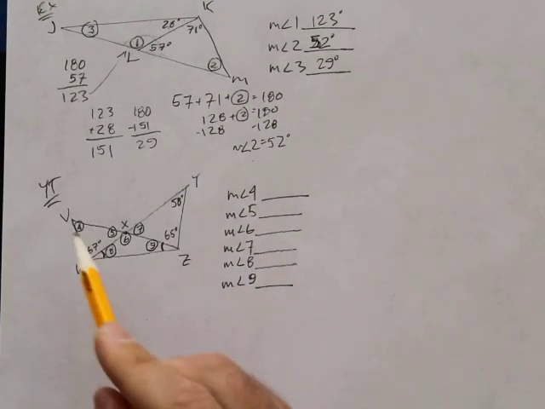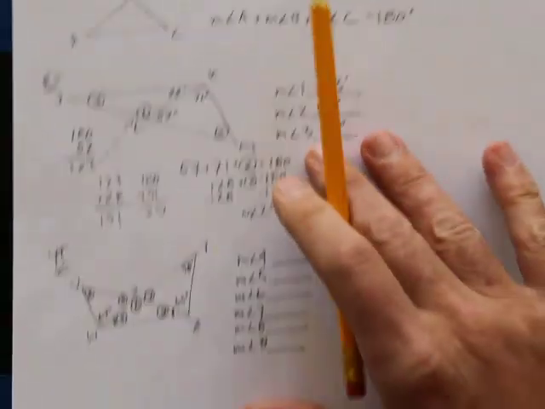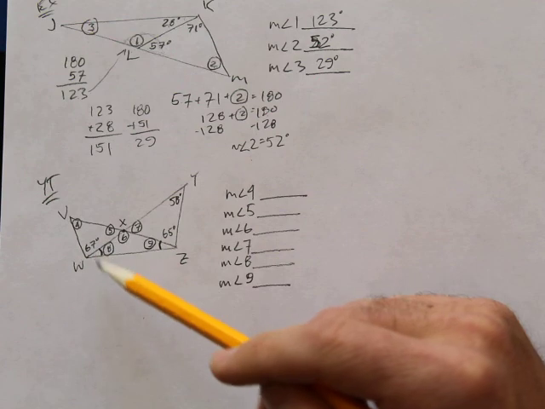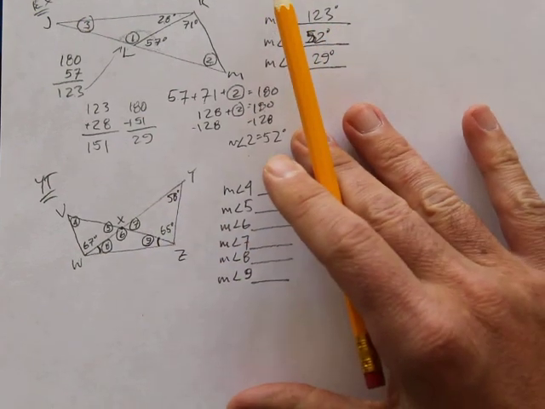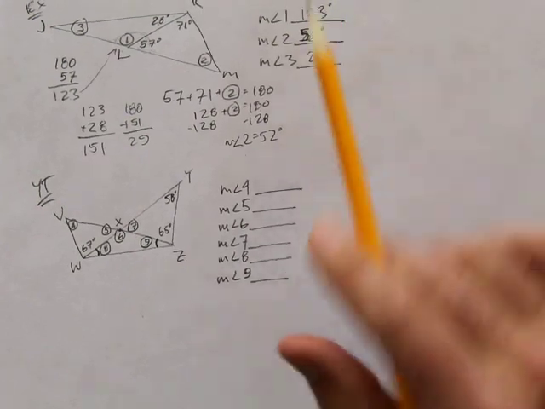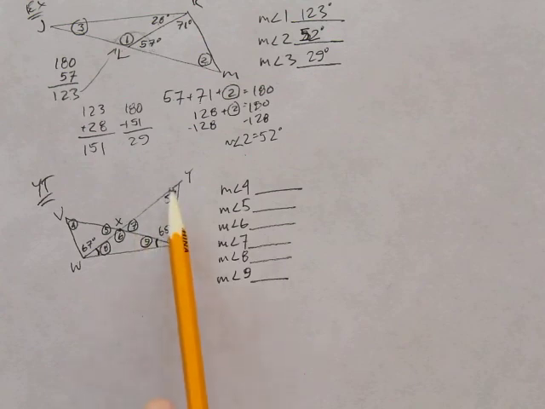Okay, so this is a try-it-yourself. So use what we learned up here and see if you can start picking off some of these angles. I suggest if you're having a hard time right at the beginning, find measure of angle 7 first, because you have one complete triangle here and you've got two of the measures already.